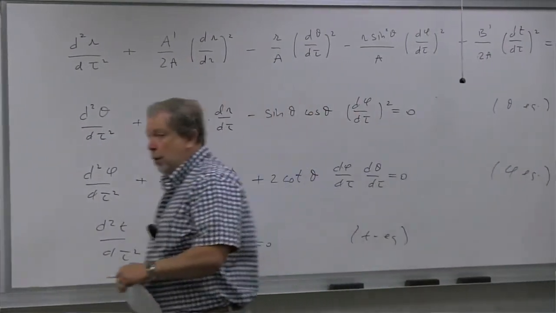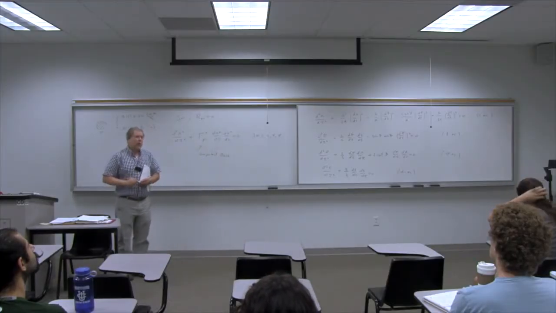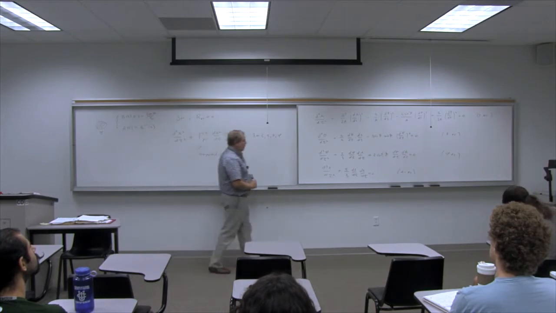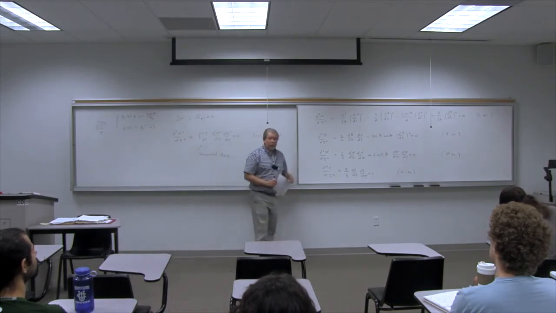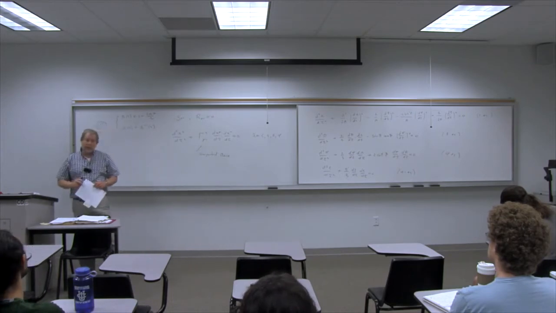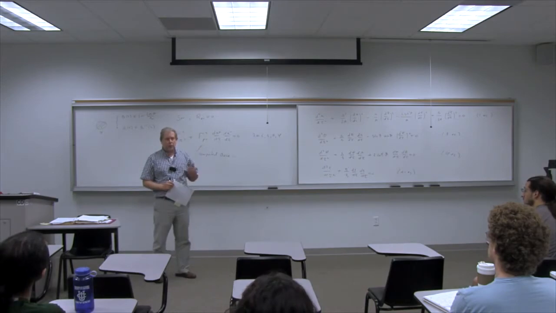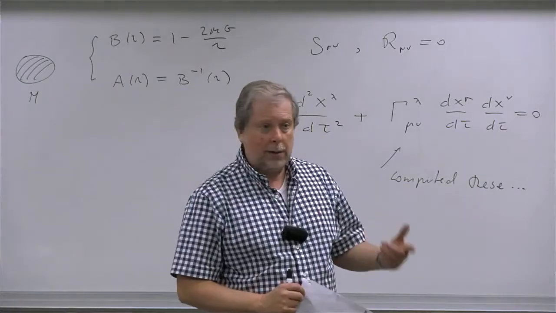And of course, this at first looks like a mess, because we have 4 equations that are rather complicated, and it could take us a while to sort this out. But it turns out that even in classical mechanics, you do have several equations, because you have equations for r, theta, and phi.